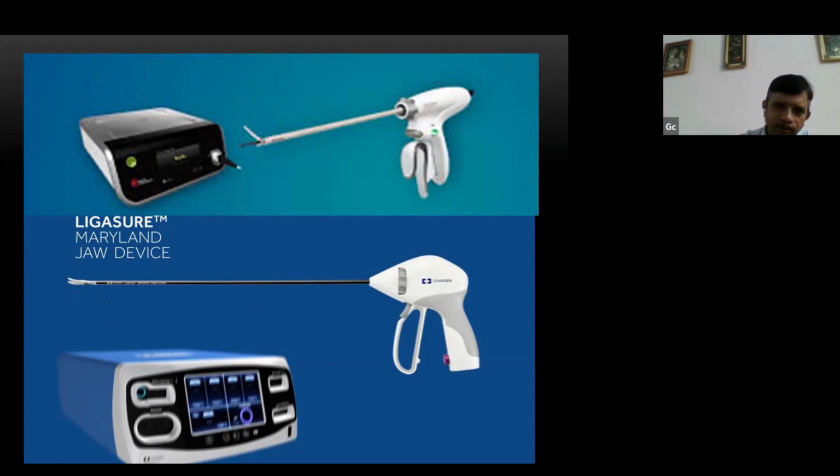But the power of coagulation is more in the bipolar instruments than in the ultrasonic, but the cutting power is less. They have a sliding cutting blade, and it goes just a little bit, 1 millimeter, behind the tip.